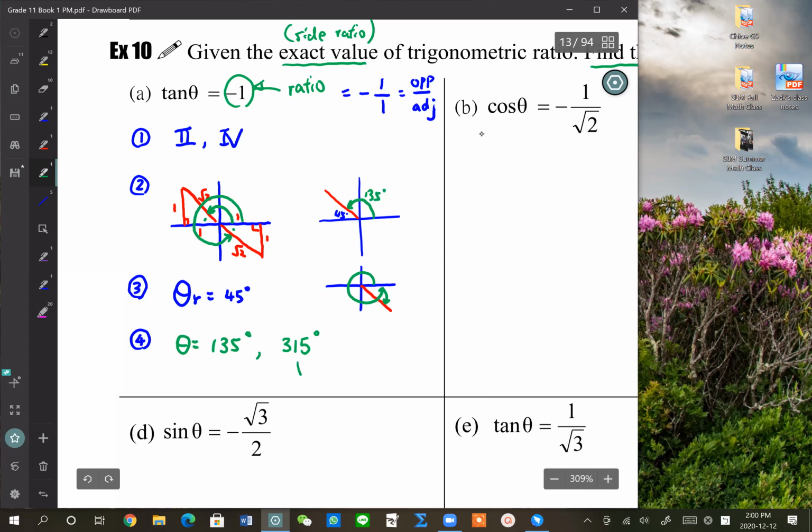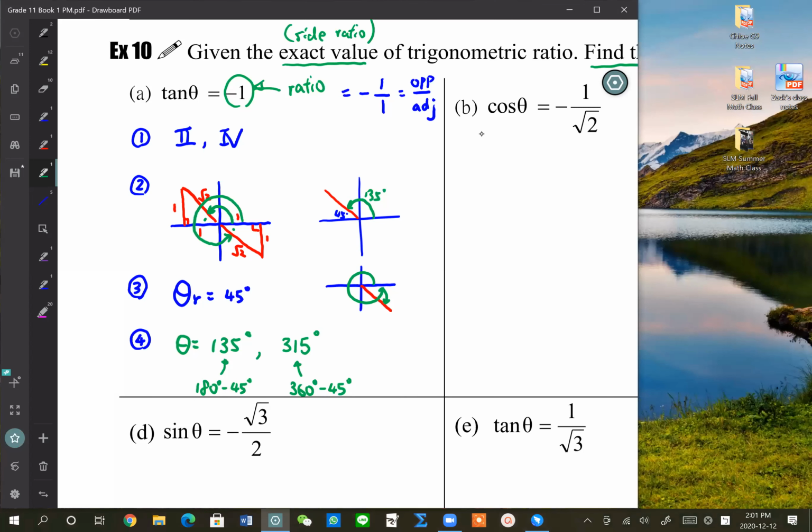So the second answer, you use 360 degree minus 45. The first answer, you use 180 degree minus 45 because it's not 180 yet.